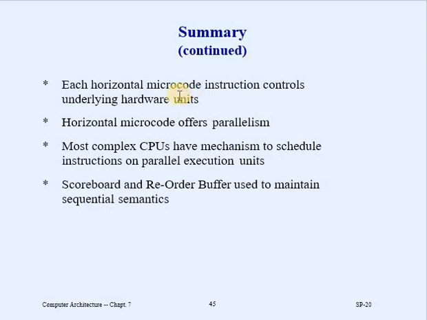Each horizontal microcode instruction controls underlying hardware units. And if we have more than 2 operands, then obviously we will have operand 1, 2, 3, 4, 5, 6, so the length of the instruction will again increase, and if we have more than 2 result registers, then the length will further increase.